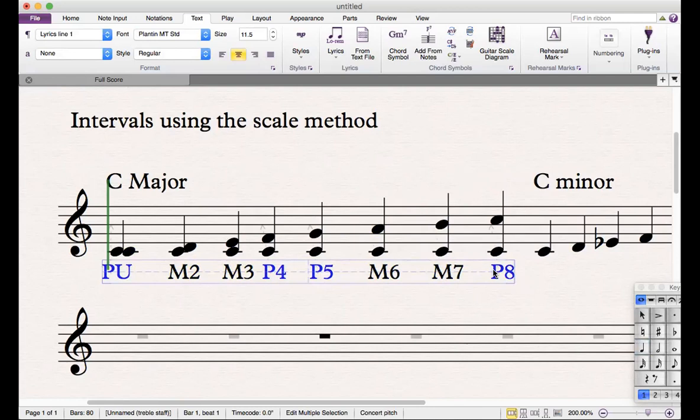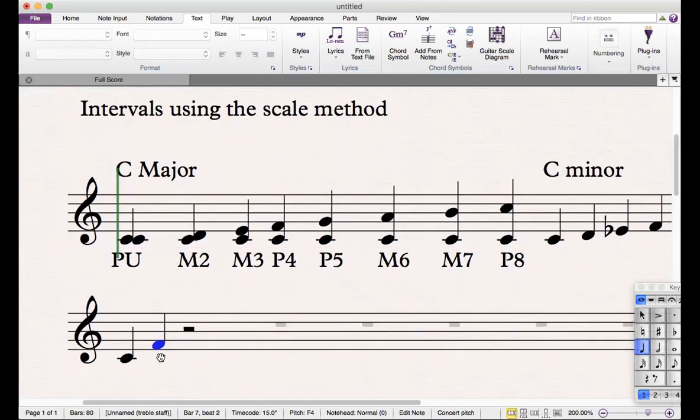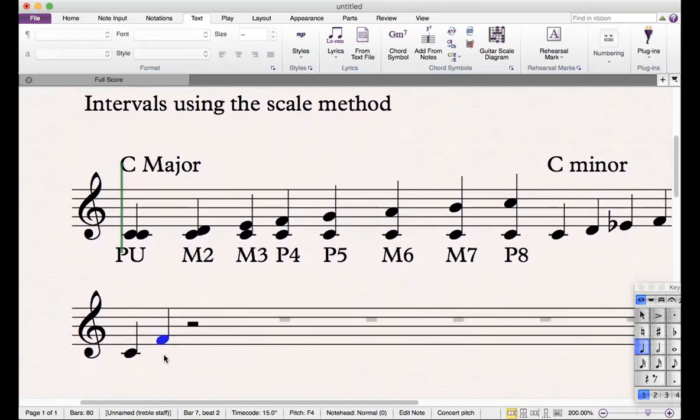So how is this useful when you're figuring out intervals? Well, let's say I gave you two notes. And you're thinking, oh, well, that's C and F. I'm going to pretend as if this is in the key of C major. And oh, I know from the first scale degree to the fourth scale degree, that would be over here. That's a perfect fourth. What if I gave you this?